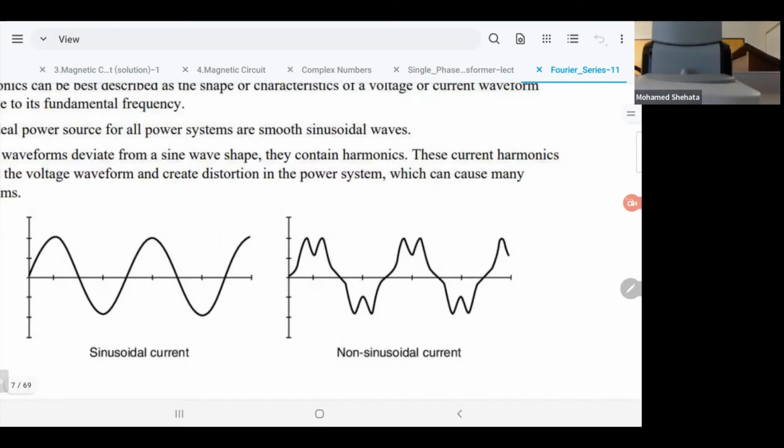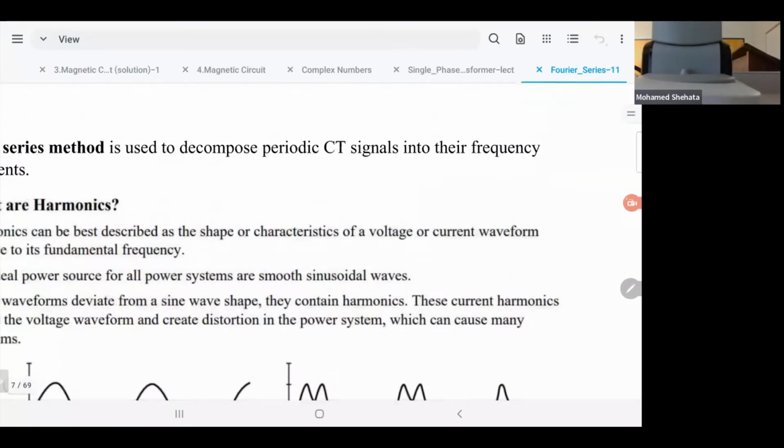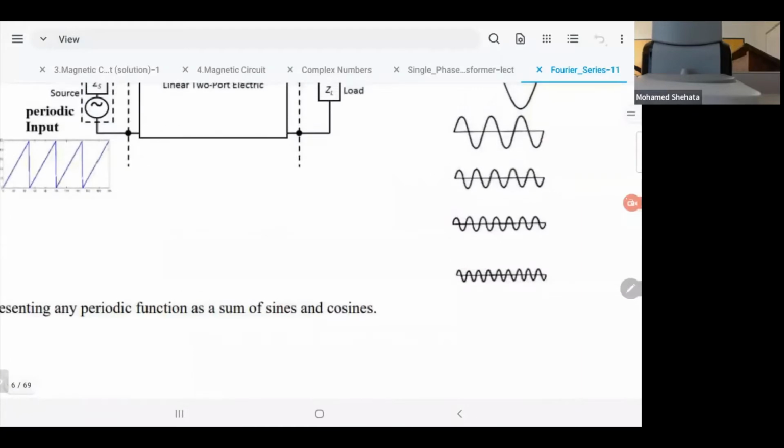So what are you supposed to do? You are supposed to have a filter, and this filter will clean the waveform of the harmonics. So to design the filter, you have to know what the components of this waveform are. What are the harmonics, the amplitudes? Yes, you can make a huge filter that will clean all the harmonics, designed so that it can destroy any harmonic with amplitude 100 volts or 1000 volts, but that's expensive, because when you design the filter with big components, inductors and capacitors, that costs money.